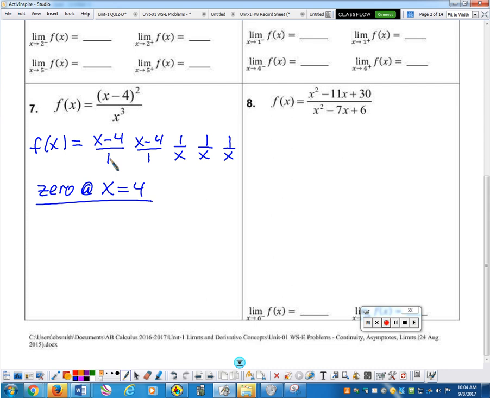So this has a vertical asymptote at x equals 0. Have follow-up questions on that one? Oh, please. Just by 0, that also means x intercept, right? Oh, very good.